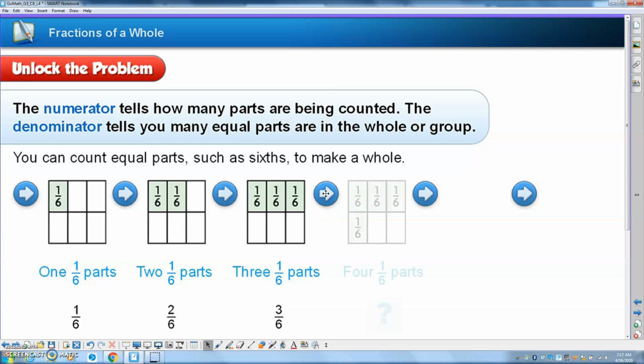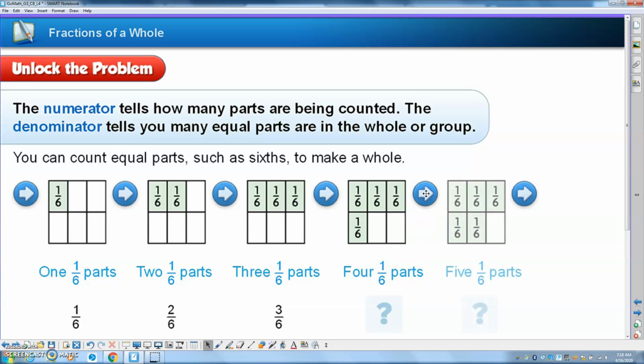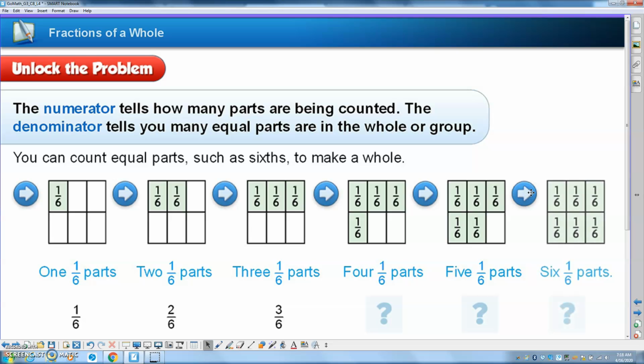In our next one, each part is still 1/6, but now we have 4 1/6 parts. In this one, each part is still 1/6, but now we have 5 1/6 parts. And in the last one, same thing, each part is still 1/6, but now we have 6 1/6 parts.